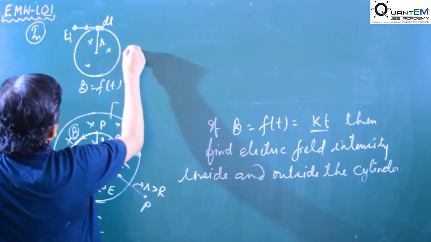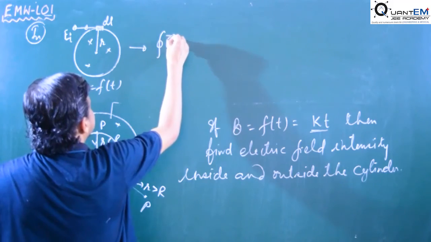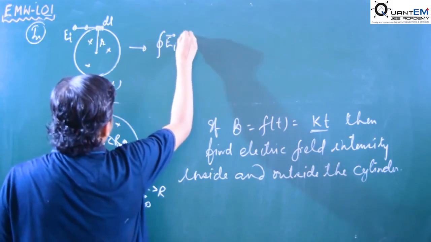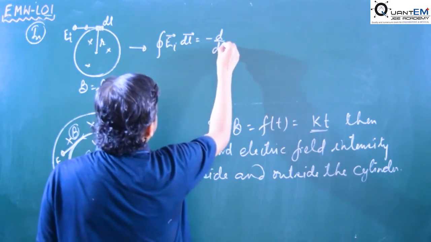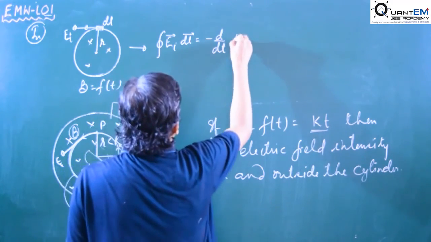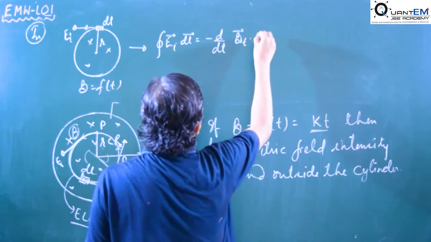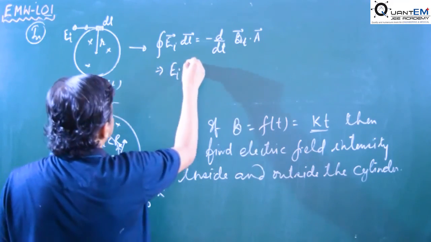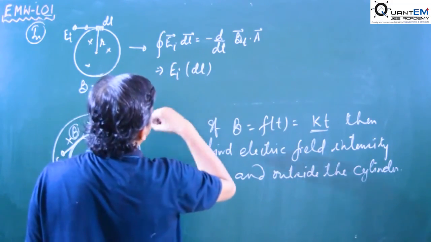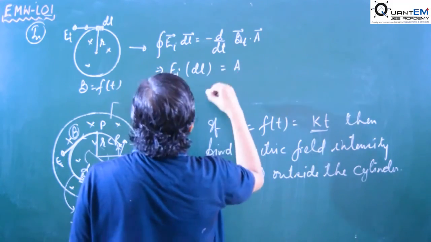Okay, तो we have line integral of electric field over the closed path that is equal to minus d by dt of magnetic field, function of time, into what? The area.